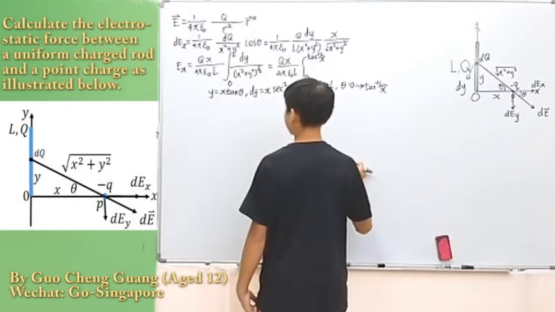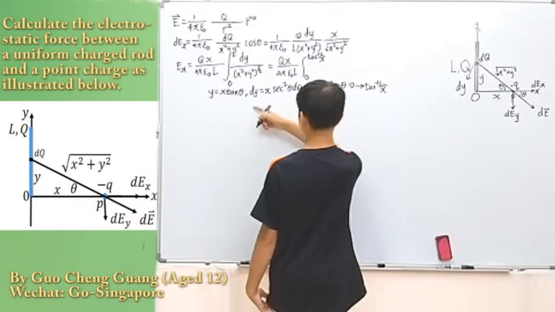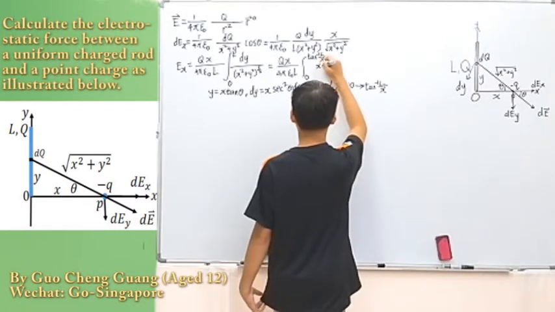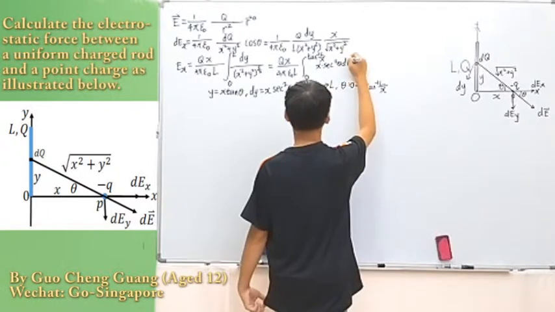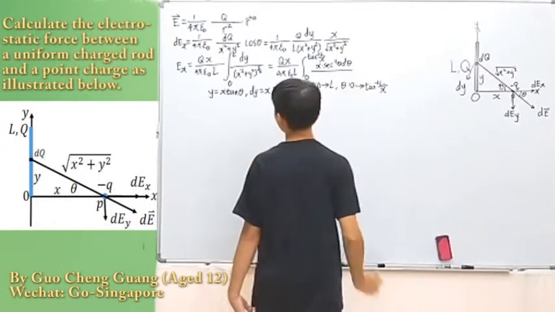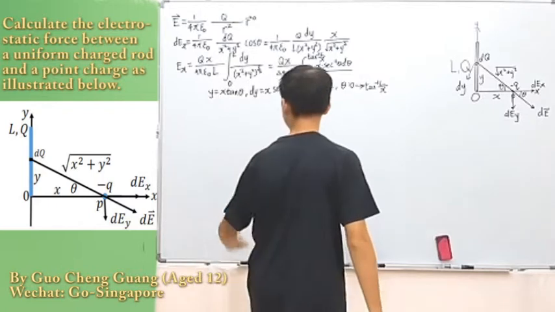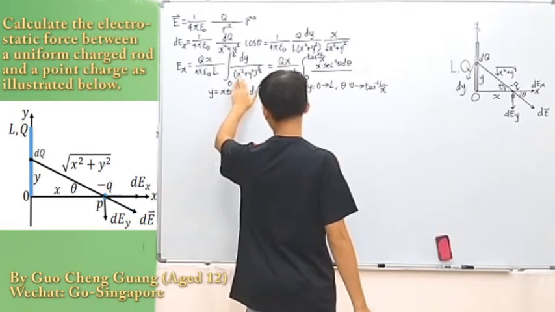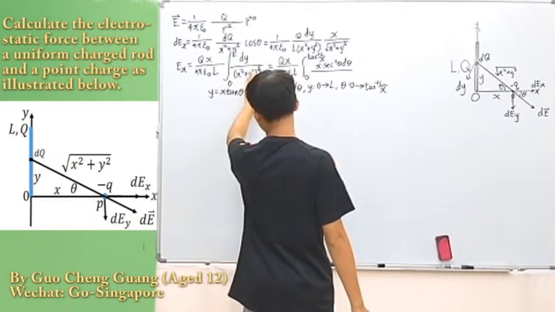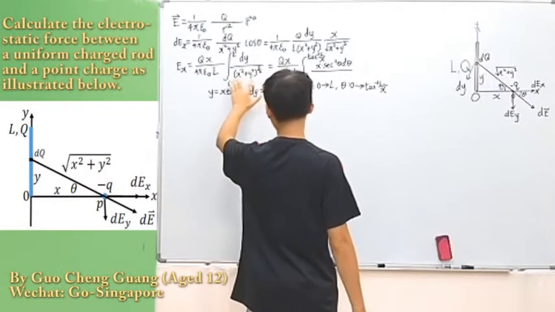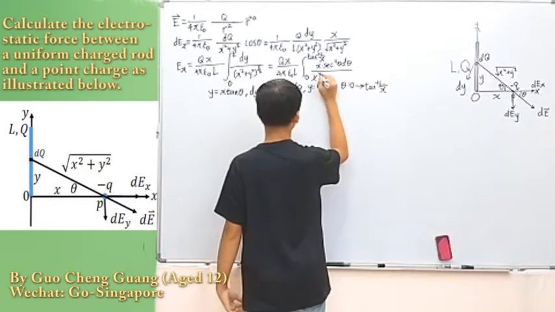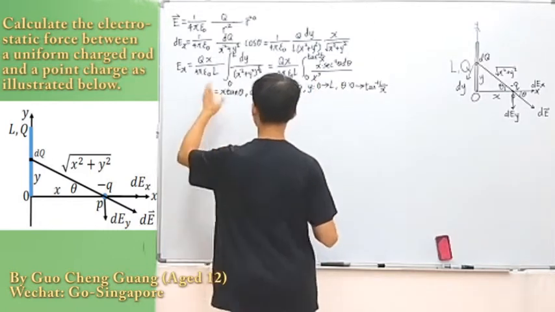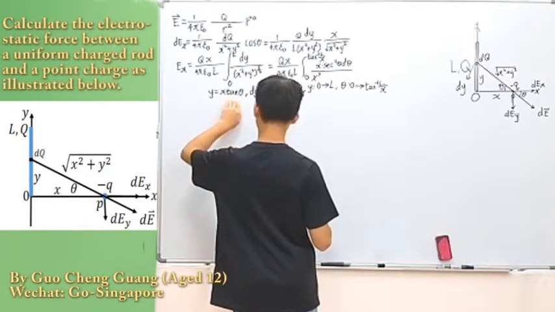Then dy for this part will change to x secant squared theta d theta, over x squared plus x squared tangent squared. Both of them have x squared, so take it out, and what you actually get is x cubed times (1 plus tangent squared), which is a secant squared.